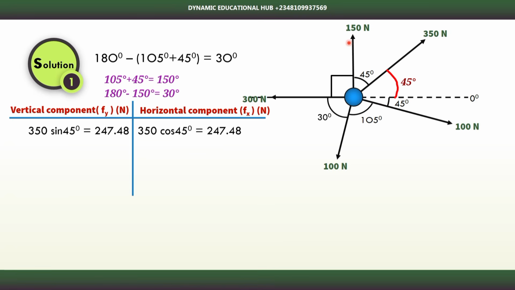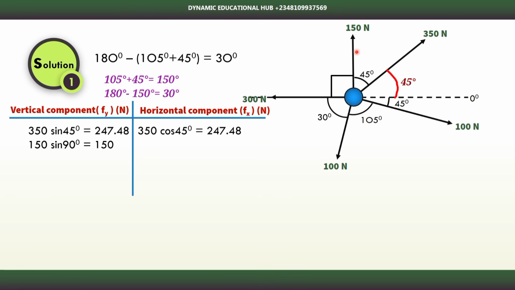Now let's quickly move to 150 Newton. To resolve it into vertical components, it is pointing upward, so that is positive. So we have 150 sine 90 degrees. And what is sine 90 degrees? Sine 90 degrees is 1. Multiplying it by 150, you have 150 Newton.